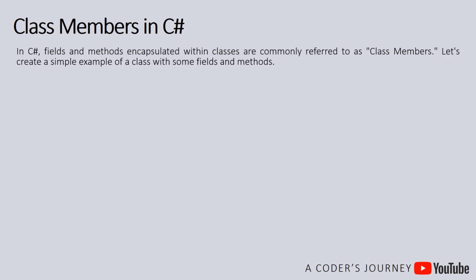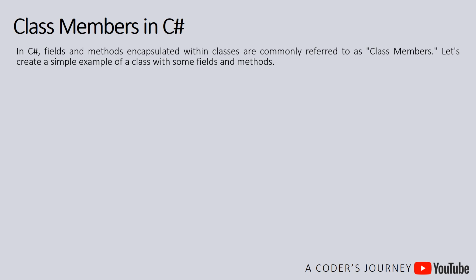Now, in C#, fields and methods. So remember, fields are the variables that you can directly declare in a class, and the methods are the functions, the behaviors that you can add. These are encapsulated within classes, and these are commonly referred to as class members.